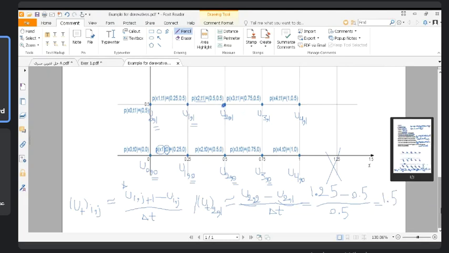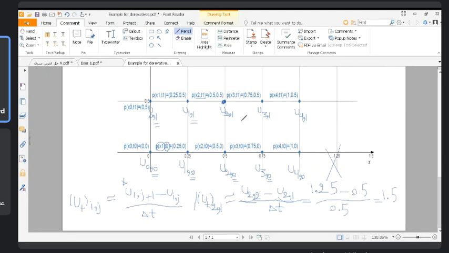This is the approximate of u respect t at x2 and t1. Okay? It is okay?